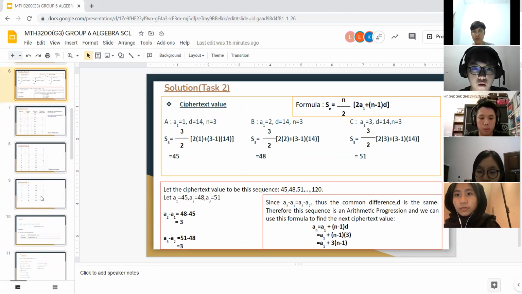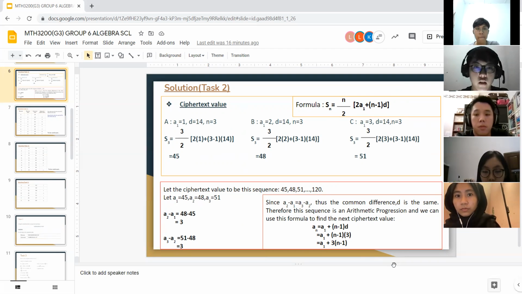For the ciphertext value, we use the formula Sn, the formula for the sum of the series, to find the ciphertext value for the respective alphabet. For example, for A, we substitute A1 equals 1, D equals 1, n equals 3 into the formula, then we get the ciphertext value for A, which is 45.